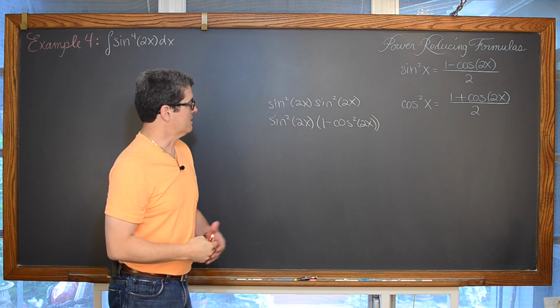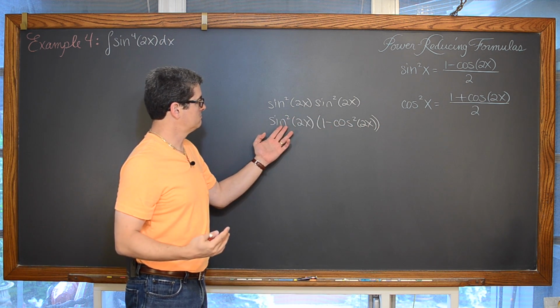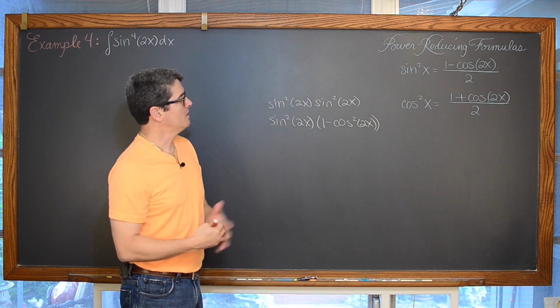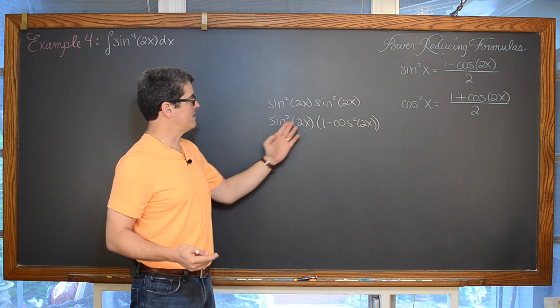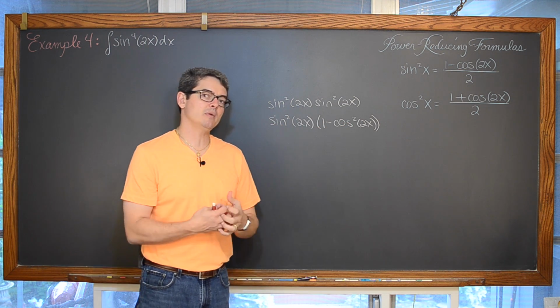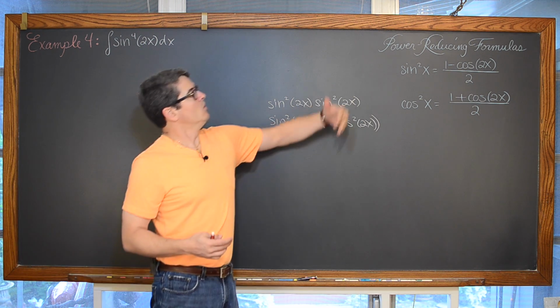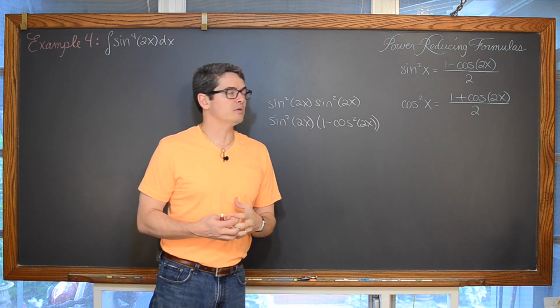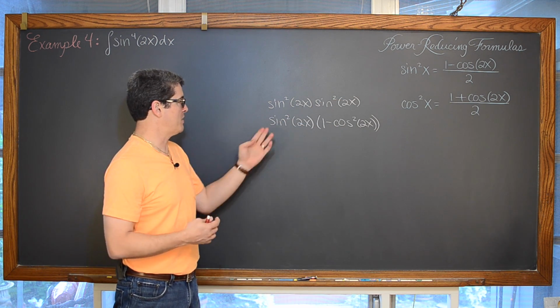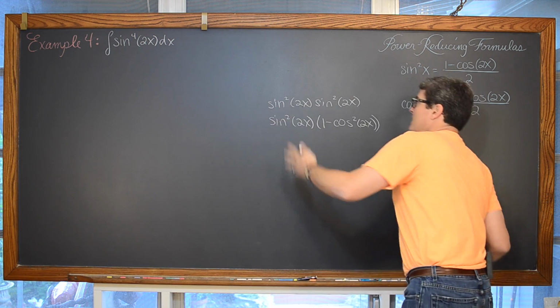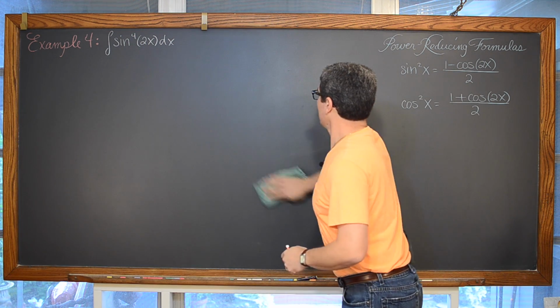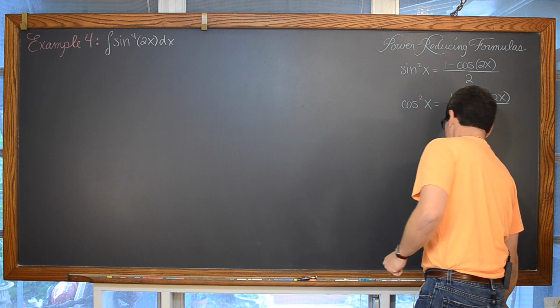The issue with that is you've got a couple of even powers. With those power reducing formulas, even with sine and cosine functions in the same integrand that both have even powers, we could still get out of that jam of both having even powers. But there's no reason why we can't just do that right off the start.